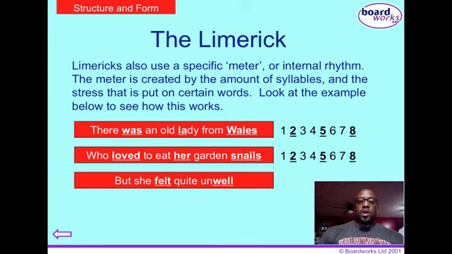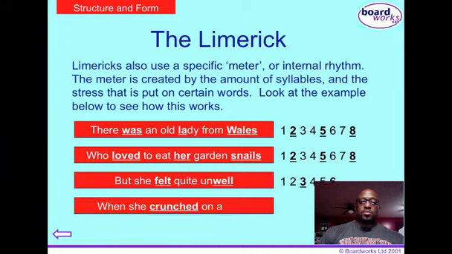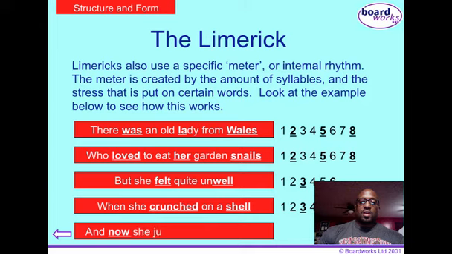But she felt quite unwell. Here the emphasis is on syllables 3 and 6. When she crunched on a shell. Same emphasis here, 3 and 6. And then the last one, same emphasis as the first lines. The emphasis is on the 2nd, the 5th, and the 8th syllable, which go hand in hand with lines 1 and 2.